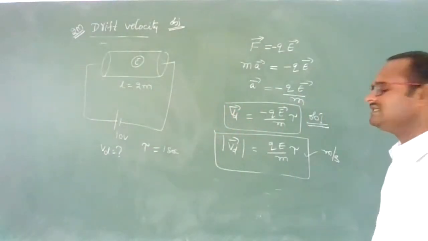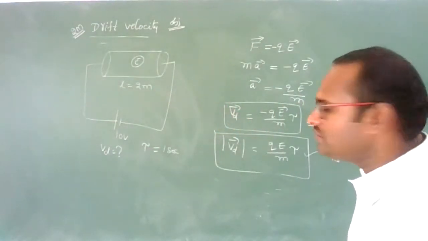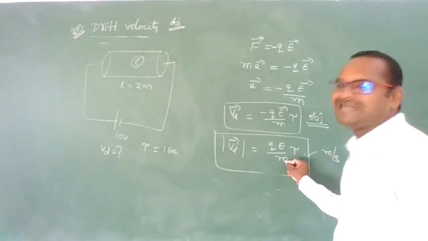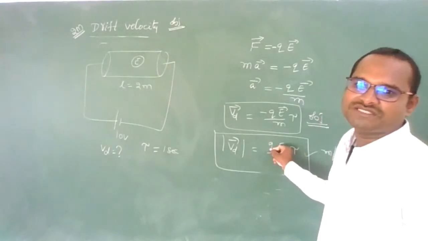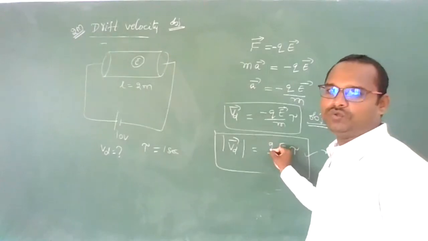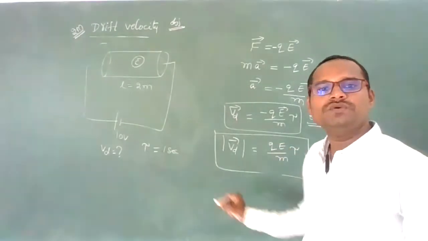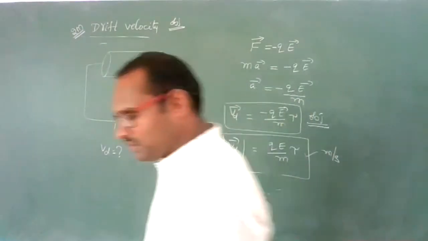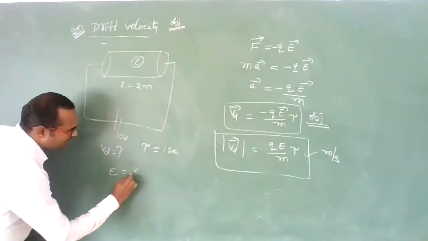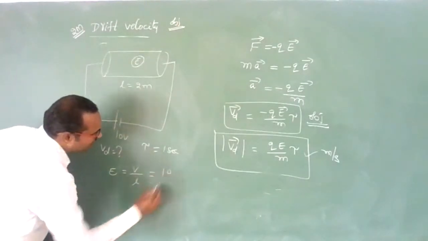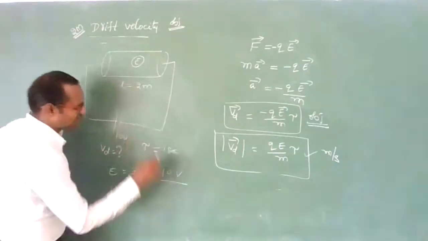Drift velocity is QE by m into tau. Tau we know, mass of electron we know, charge of electron we know, 1.6 to the power of minus 19 coulomb. But E value they have not given. How to find? You know, E is equal to V by L. V value is given, 10 volts, divided by L, which is 2 meters.